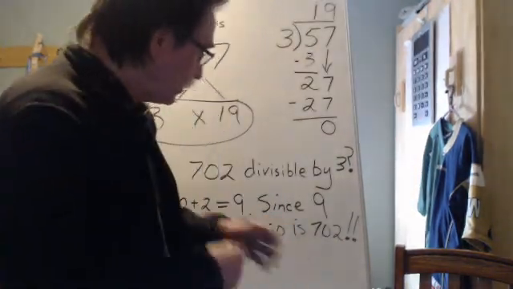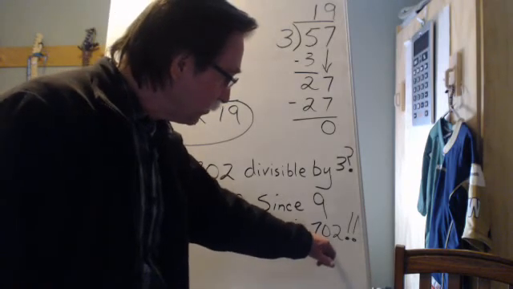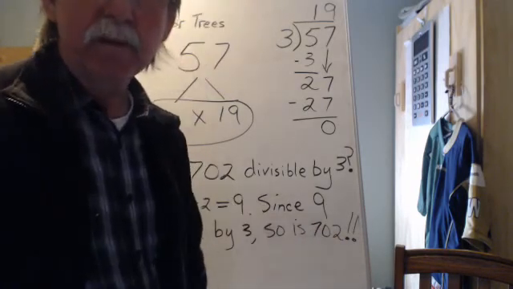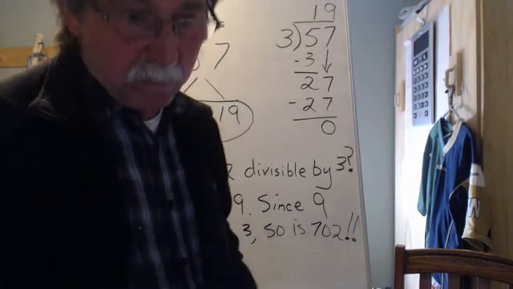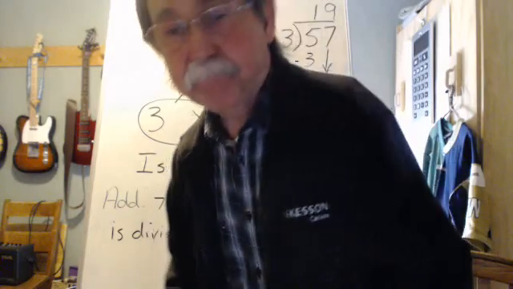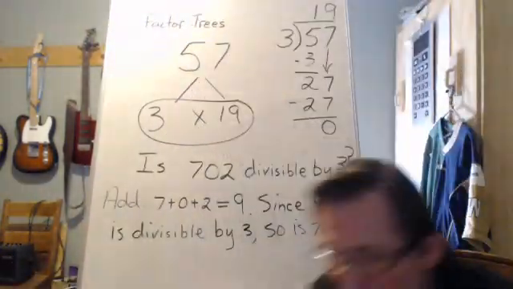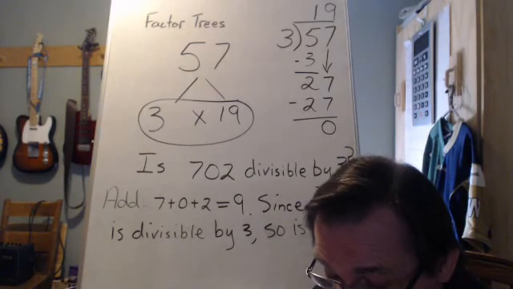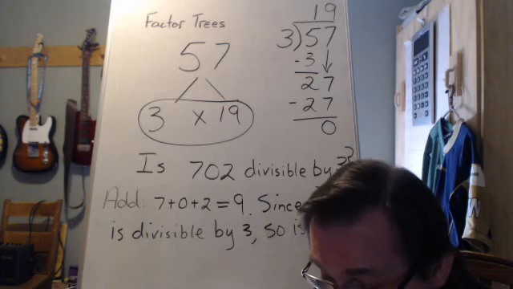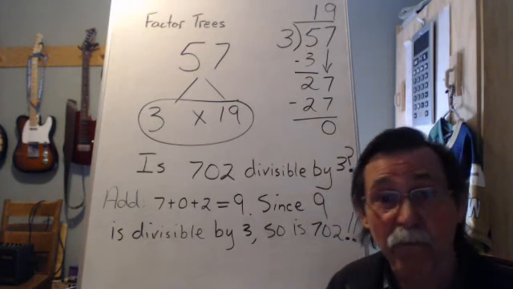And if you want to just take your calculator for a second, go 702 and then divide by 3, you'll get a number. 702 divided by 3 is exactly 234.